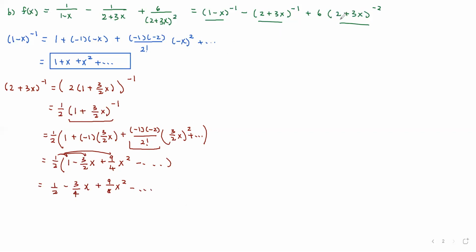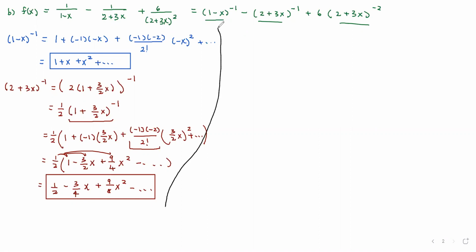The third term that we have is (2 plus 3x) to the negative 2. Let's just work on it here. We can factor out a 2, and we have 2 times (1 plus 3 over 2 x) to the negative 2.